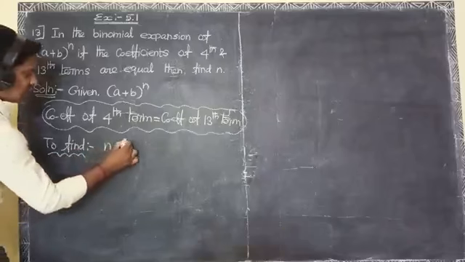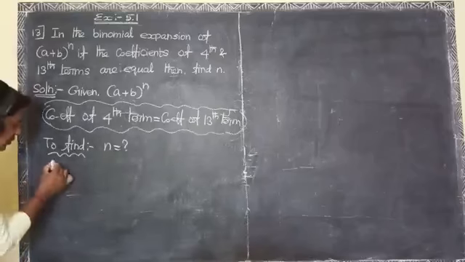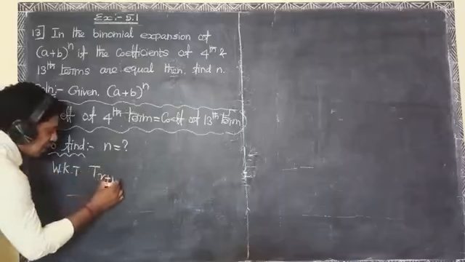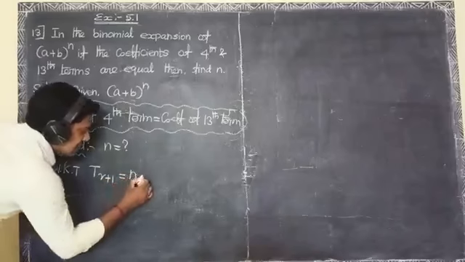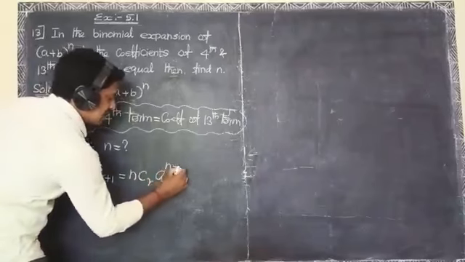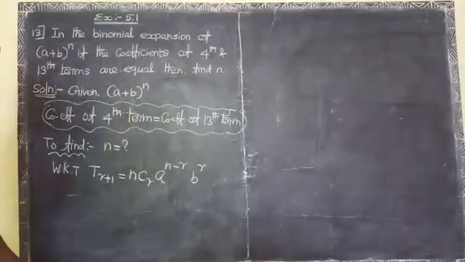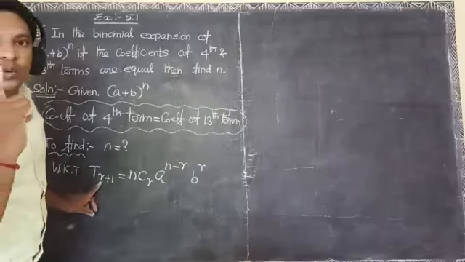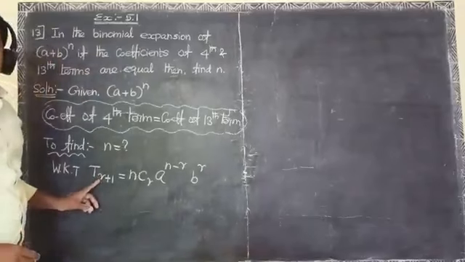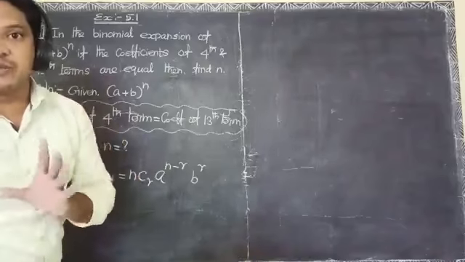Here we know that the (r+1)th term, T(r+1), is equal to nCr a^(n-r) b^r. Substitute r equal to 1: we get the second term of the expansion.